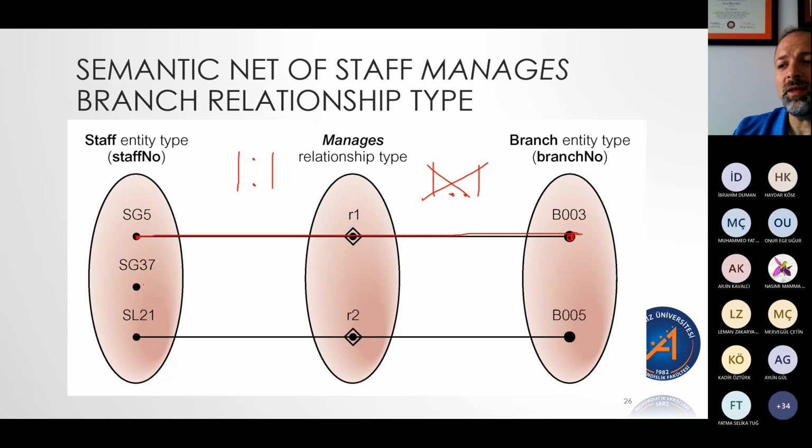Now, that doesn't mean that every staff person has to manage a branch. That's what this has to do with when we get to it. We're not there yet, but right now know that if there's a relationship between an instance of this entity, then it's only one on each side.